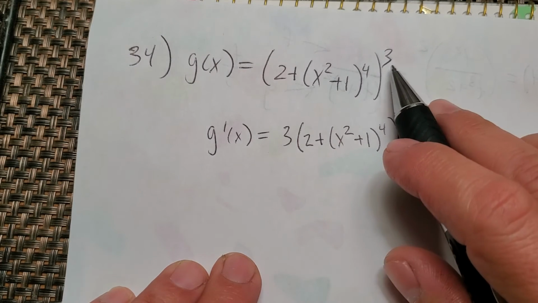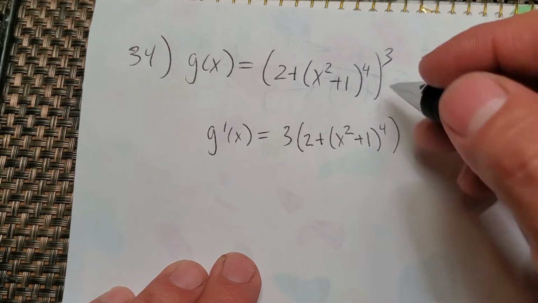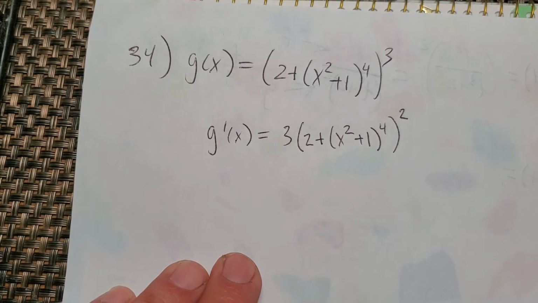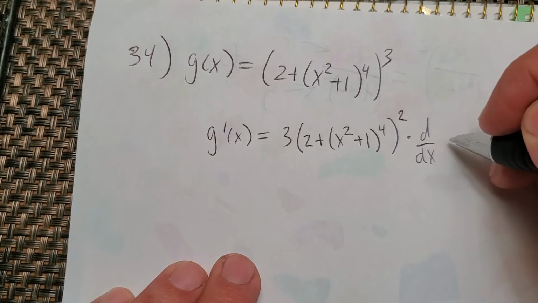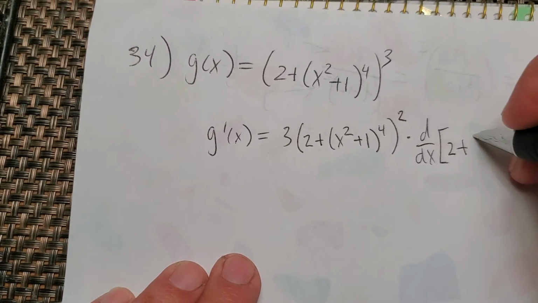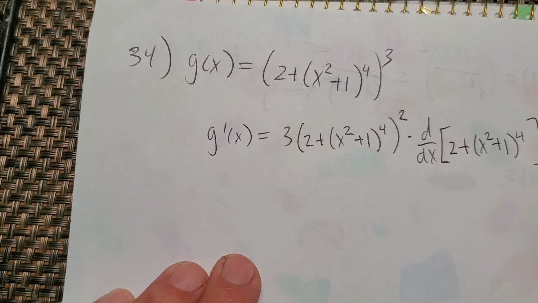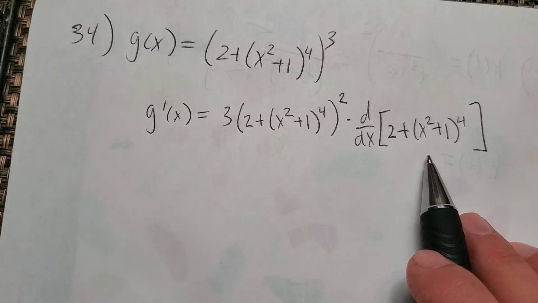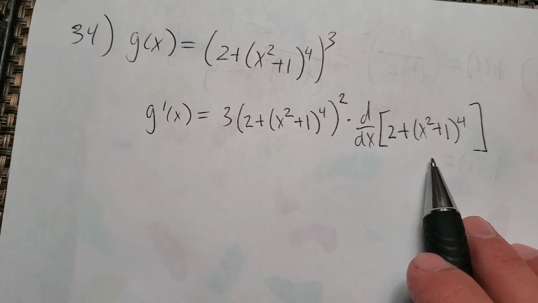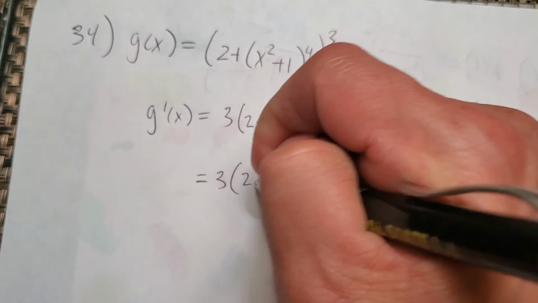But instead of to the 3rd power, we're going to do to the 3 minus 1 power, or to the 2nd power, times the derivative of the inside. Okay, and notice that the inside will itself require the chain rule at a further point. So let's bring everything down that we have so far.